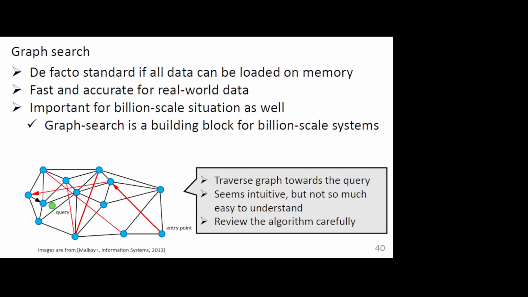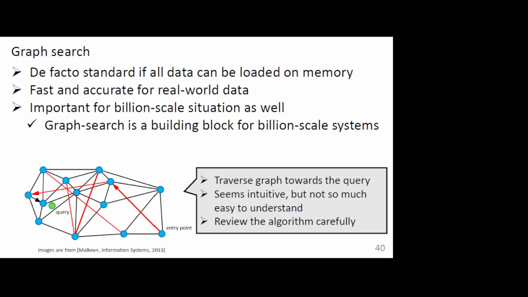You need a server-level computer with at least more than 1,000 gigabytes of memory. If we consider only medium scale, it's okay. All the data can be loaded in memory, including the raw data and also the graph index structure data. It's fast and accurate.